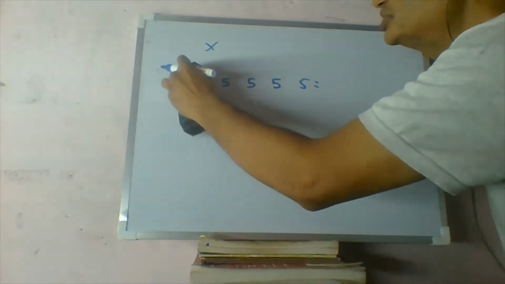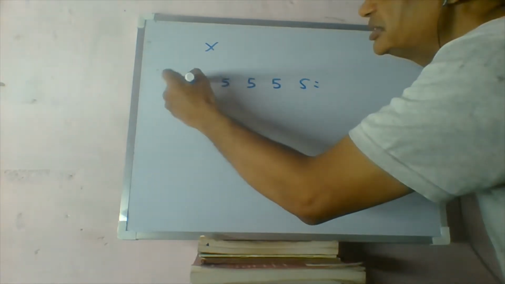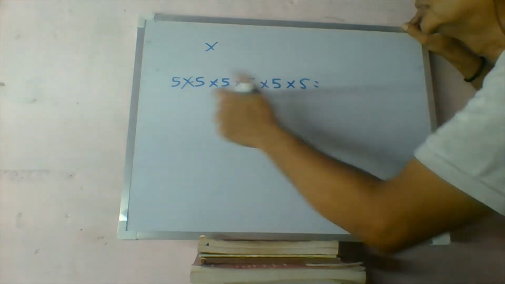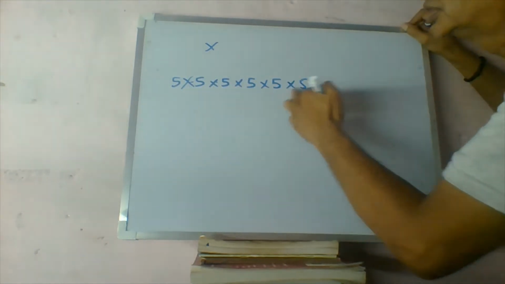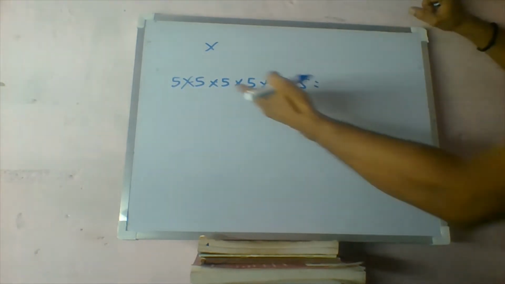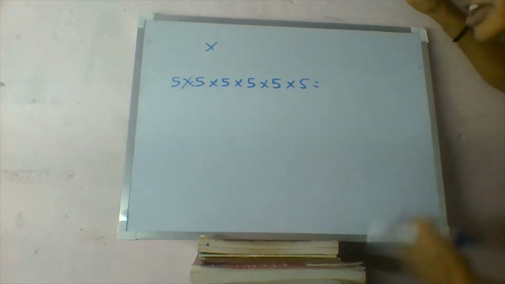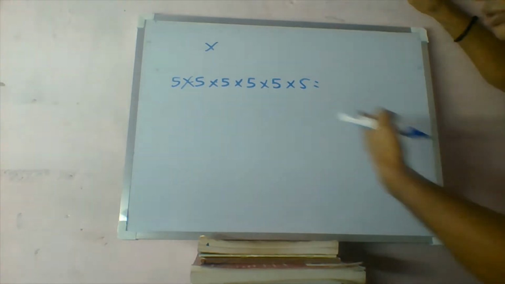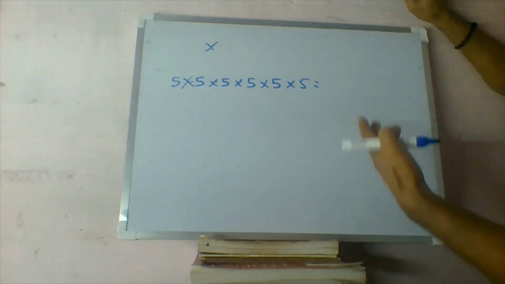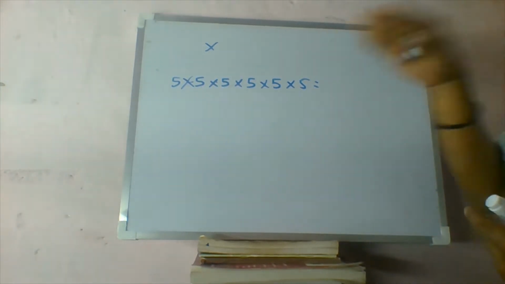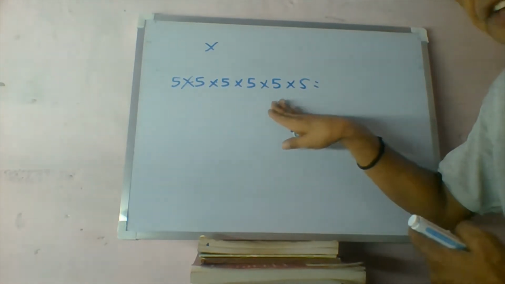We might have a situation where we have to multiply 6 fives repeatedly. Obviously, it will do a lot of good to us if we are able to shorten this expression with the help of some expression that will tell us that we are multiplying 5, 6 times.